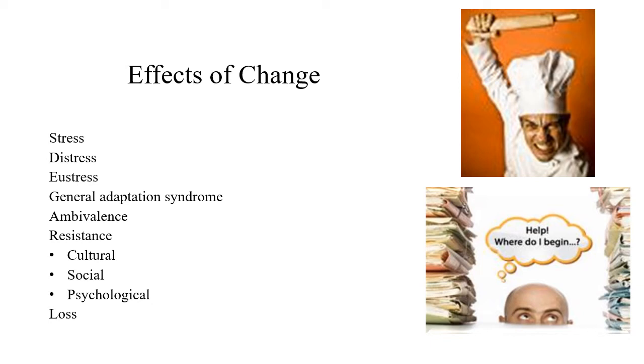And a person may kind of go back and forth between the stages until they come to the acceptance. But yeah, so even with a small loss and change, you can go through the stages of the grieving process.